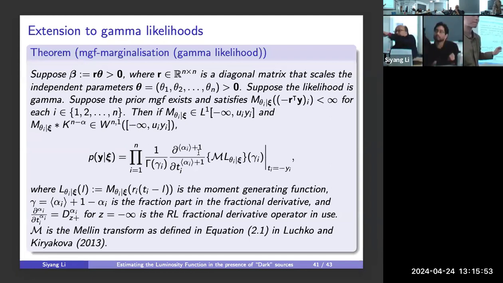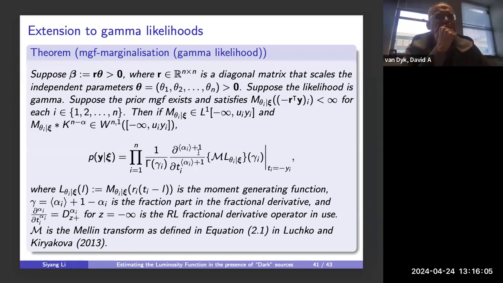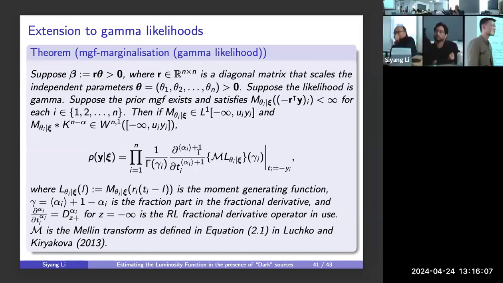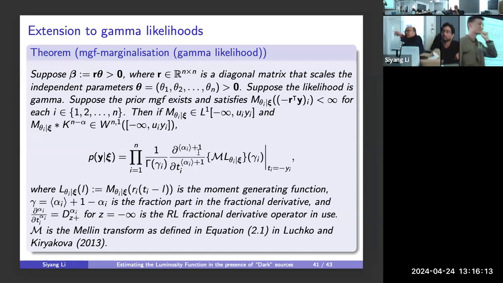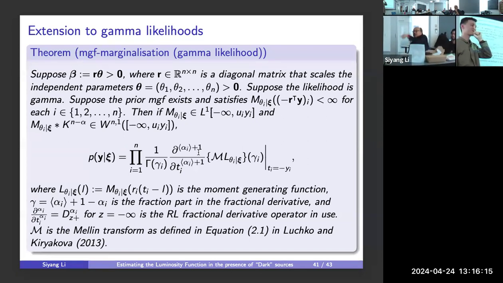You may know I wrote an article on all these fractional derivatives for the moments calculation. Not yet. Yeah, I will show you. But the calculation of these fractional derivatives actually involves an integral. Yes. So in that sense, it's not really much of a saving. But that's what the Mellin transform is for. So as long as the Mellin transform itself is doable, right?